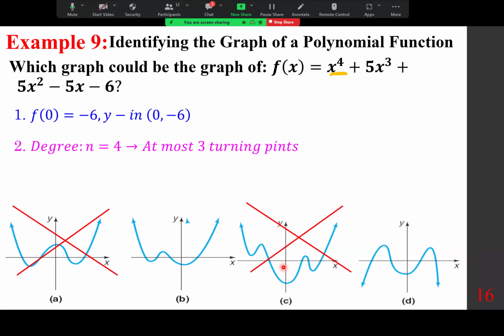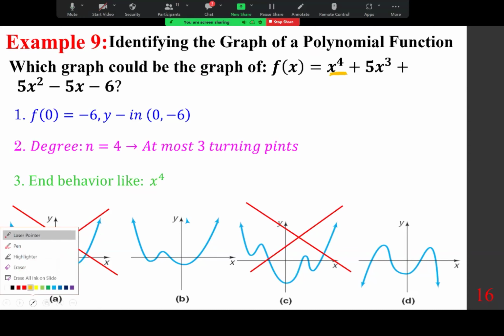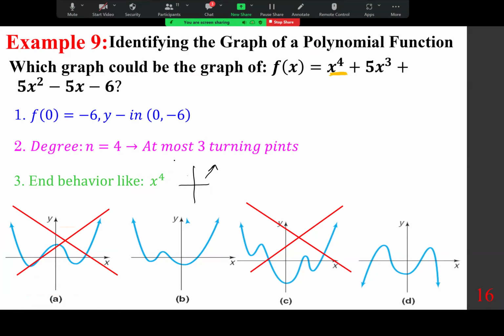The end behavior for x to the power of 4 is going to look like x squared. So the end behavior must be the end behavior of x to the power of 4. And x to the power of 4 looks like x squared, meaning this is the end behavior.